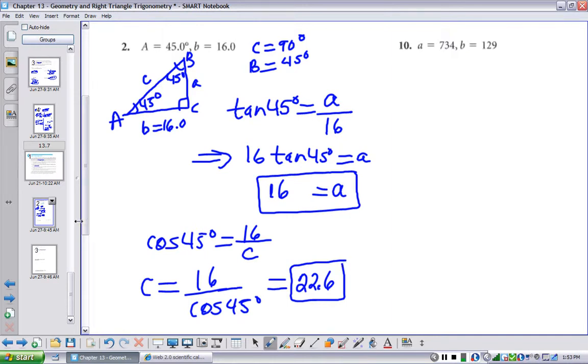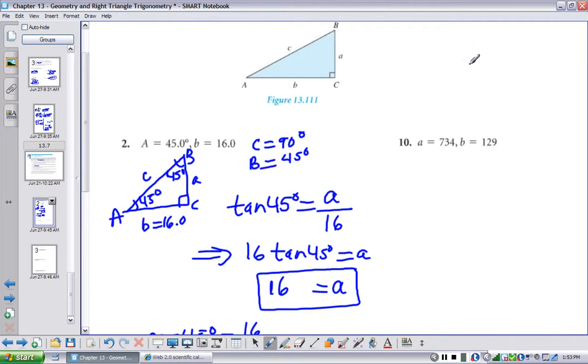Let's look at number 10. We have this triangle. In number 10, we know this is a 90 degree right triangle. We have angle A, angle B, angle C. And here we are given that little a is 734 and little b is 129.